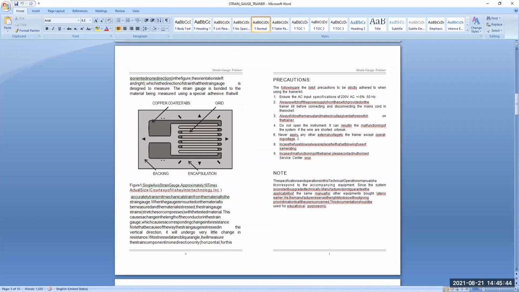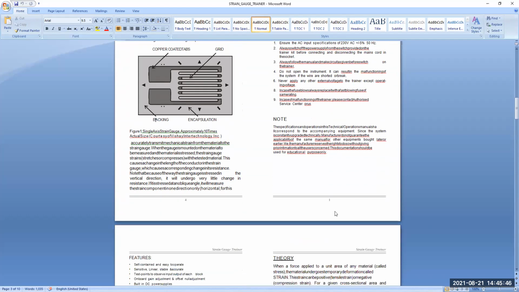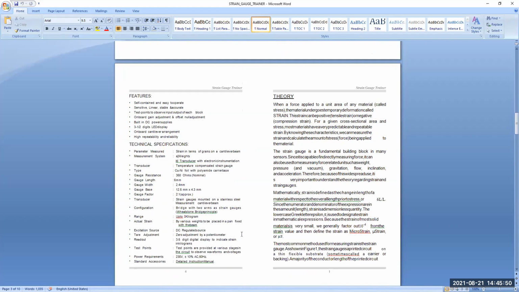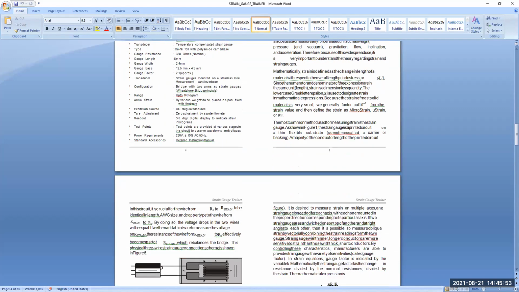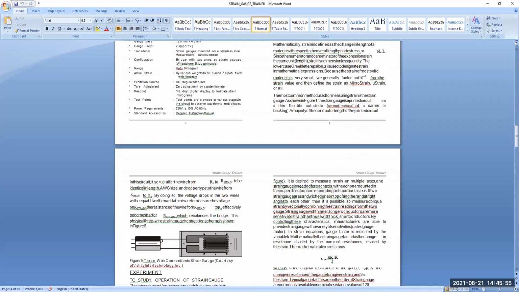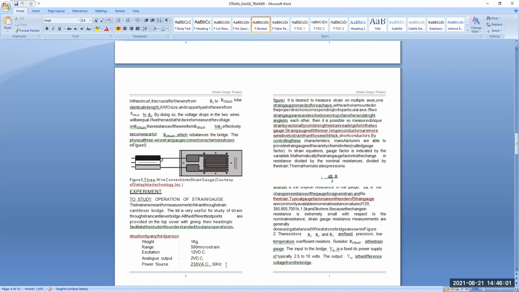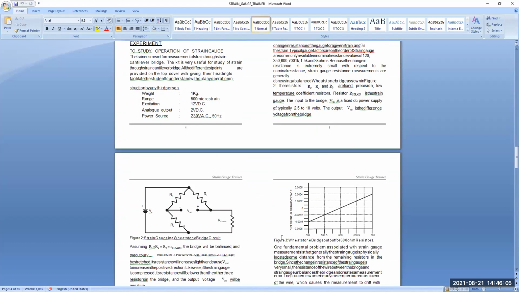The precautions are told, and note what we have just told you. The theory is applied, the technical specification is given here, and the experiment study of the strain gauge, the range, everything is given.